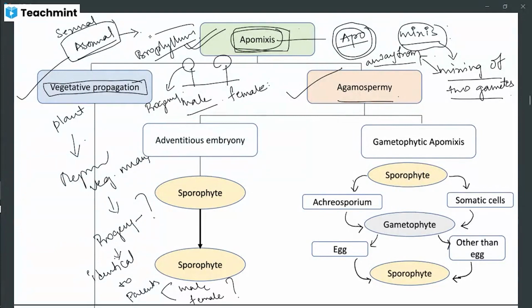So how will bryophyllum propagate? Hope you know bryophyllum has leaves and also small vegetative structures like leaf. If this part is excised and placed into soil, the new progeny will be formed. So this is a male plant. And now the progeny, will it look like male or female?